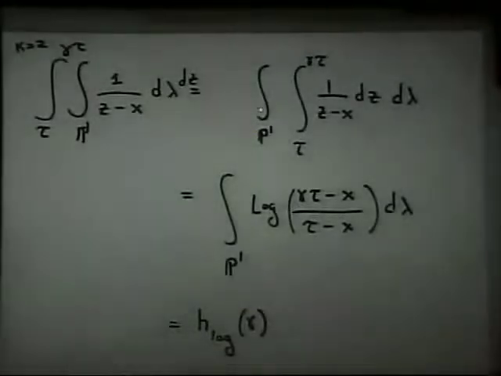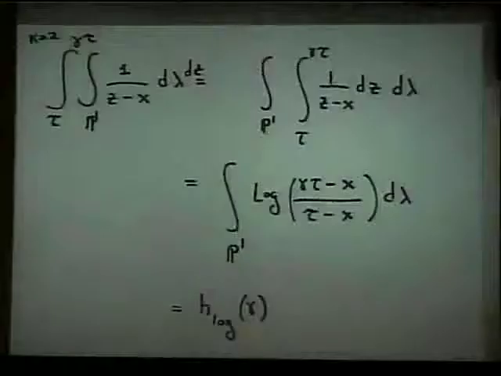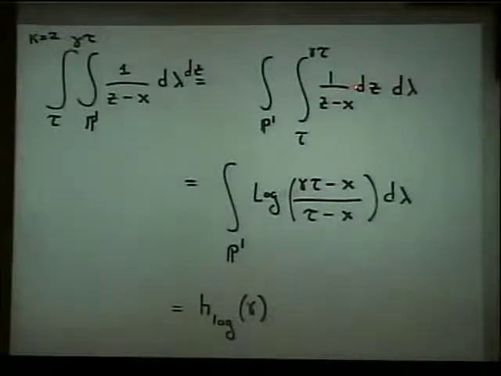So reverse the order of integration. Now the integral in here we can do: it's the log of z minus x, evaluated in the z variable from tau to gamma tau, and we get this function here.